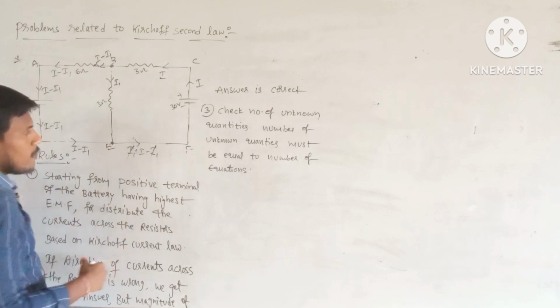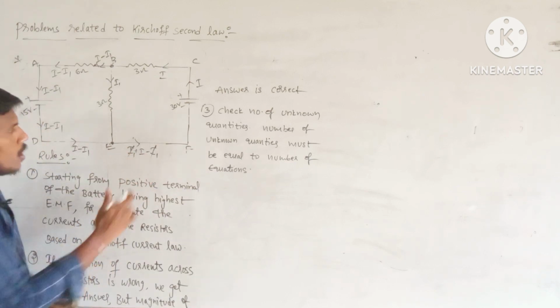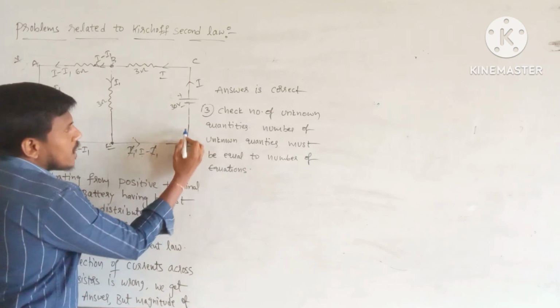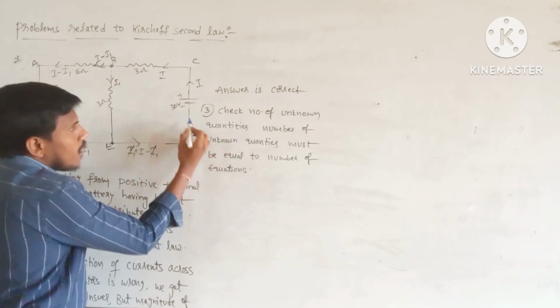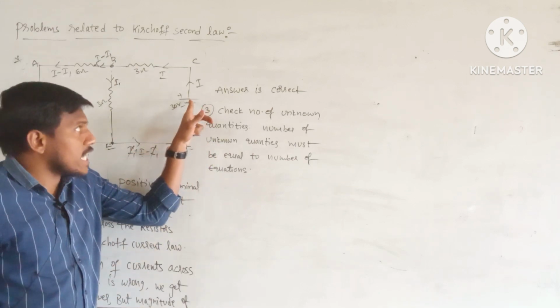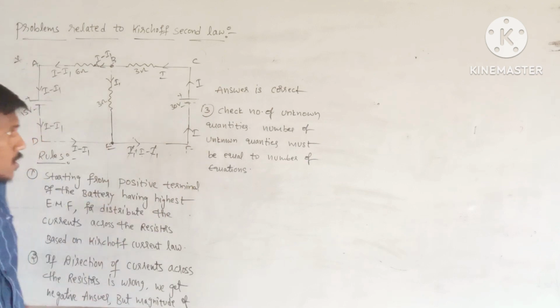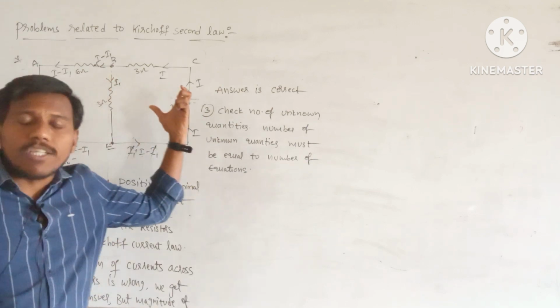The I1 and minus I1 cancel, and we get I ampere. This I ampere current goes like this and finally enters the cell through the negative terminal. This is how we distribute the currents across the resistors based on Kirchhoff's current law.